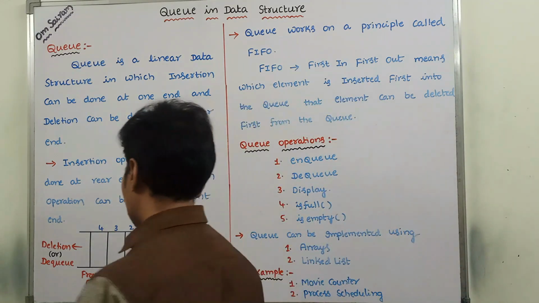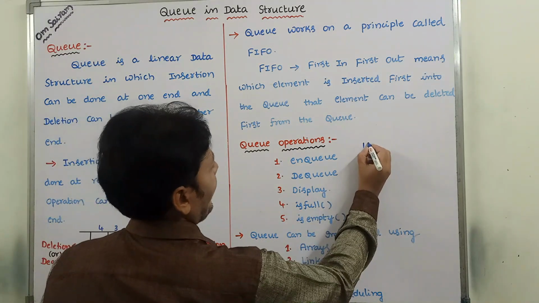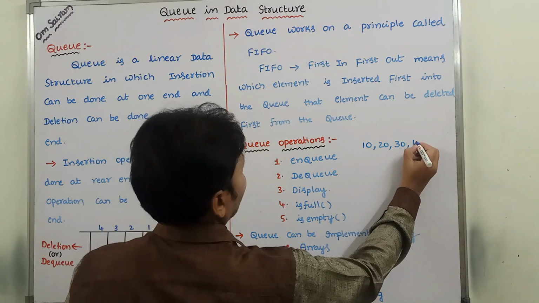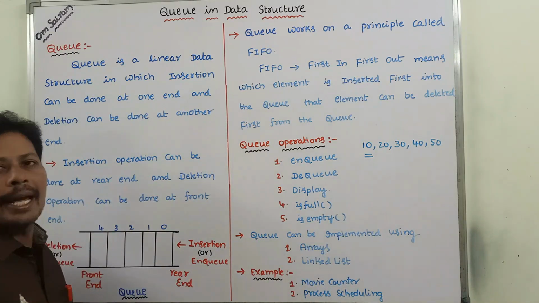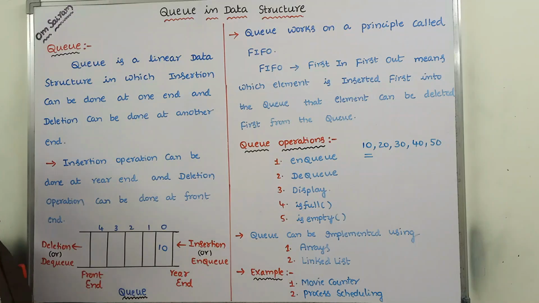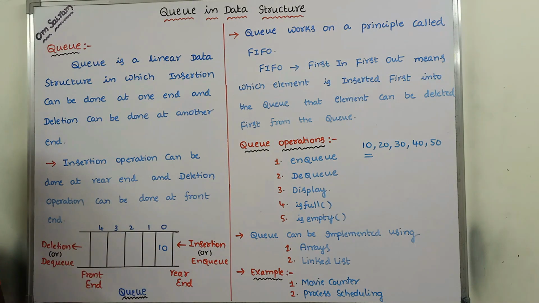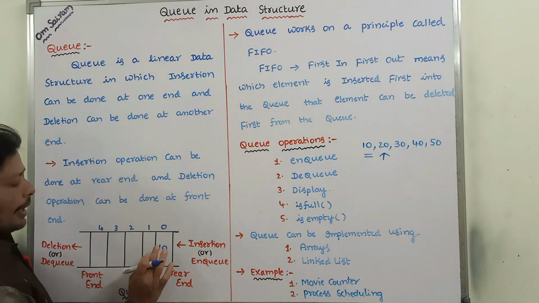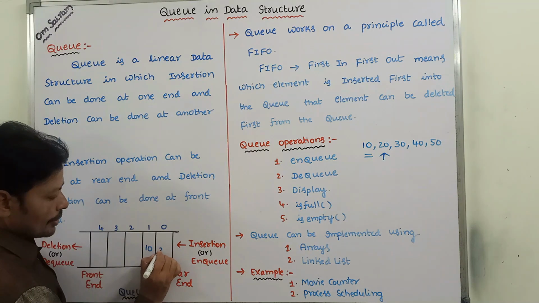For example, I am inserting elements 10, 20, 30, 40, 50. First we are inserting element 10 at rear end. Next we are inserting element 20. 10 here, 20 here.